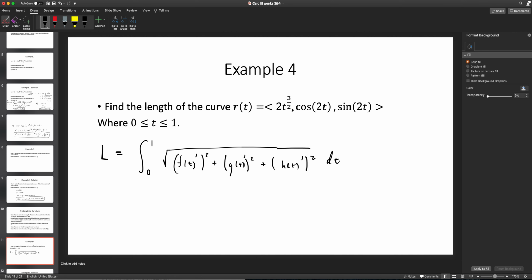Here we have f of t, g of t, h of t, so you have to take the derivative of each one, then square them, then take the square root of the whole thing, evaluated from 0 to 1.